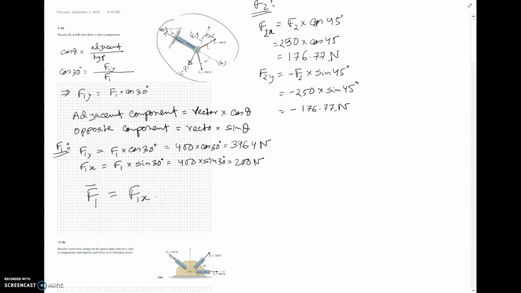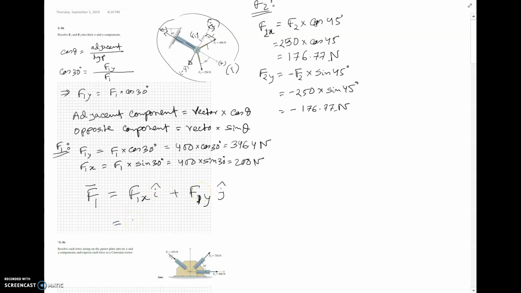In the x direction there is the unit vector i cap, and in the y direction there will be j cap. So we write F1x i cap plus F1y j cap, or you may write just i and j.